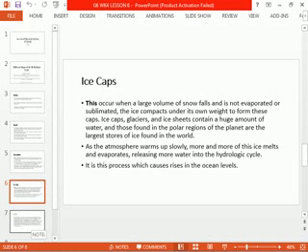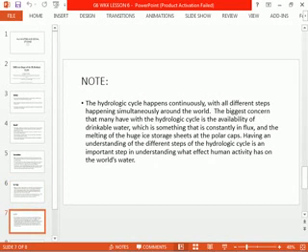There is a point to note in this topic, so here it is. The hydrologic cycle happens continuously with all different steps happening simultaneously around the world.